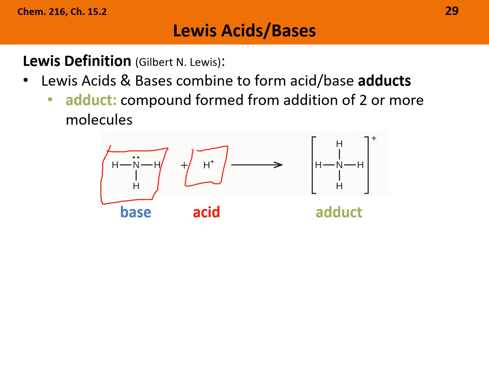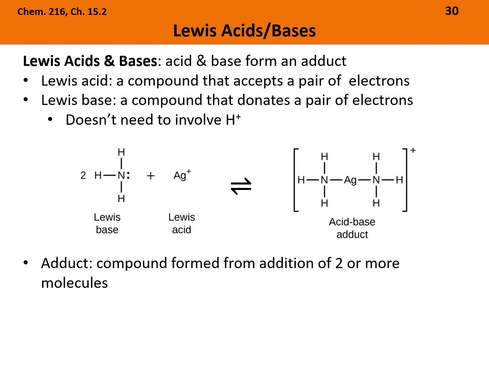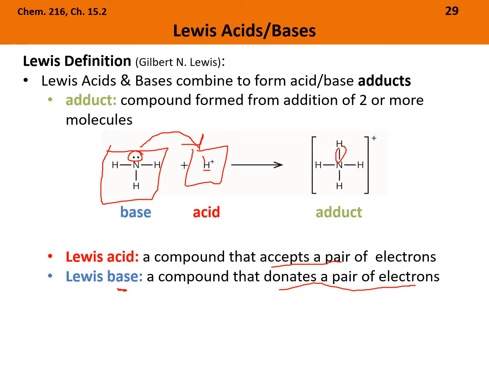This base is basically donating these 2 electrons to the H+. Right? So this is a Lewis base because it's donating electrons. Lewis acids accept electrons. This is accepting those 2 electrons to form a bond. And what they form is an adduct.